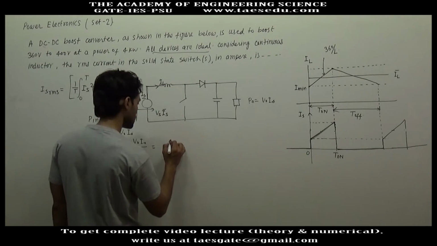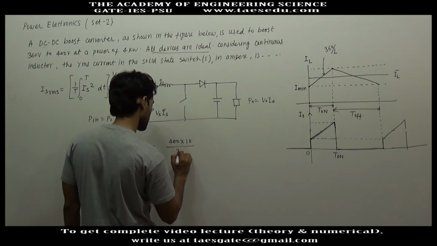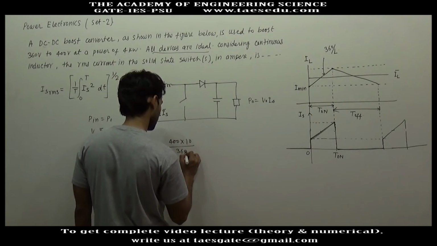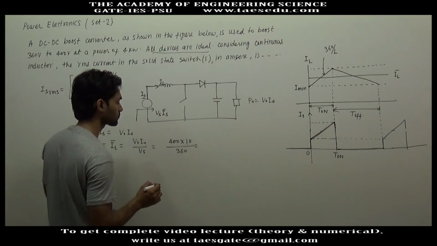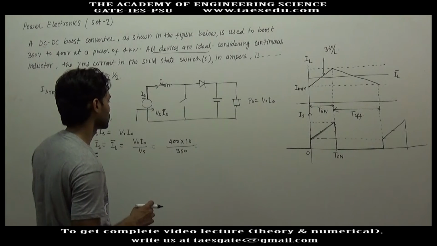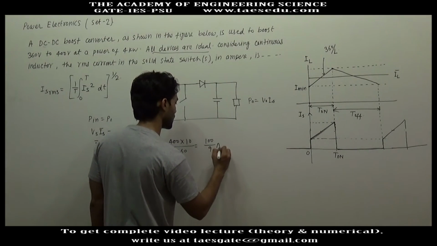V0 is 400 volt, I0 is 10 ampere, divided by Vs, which is 360. So this will be 100 divided by 9 ampere.